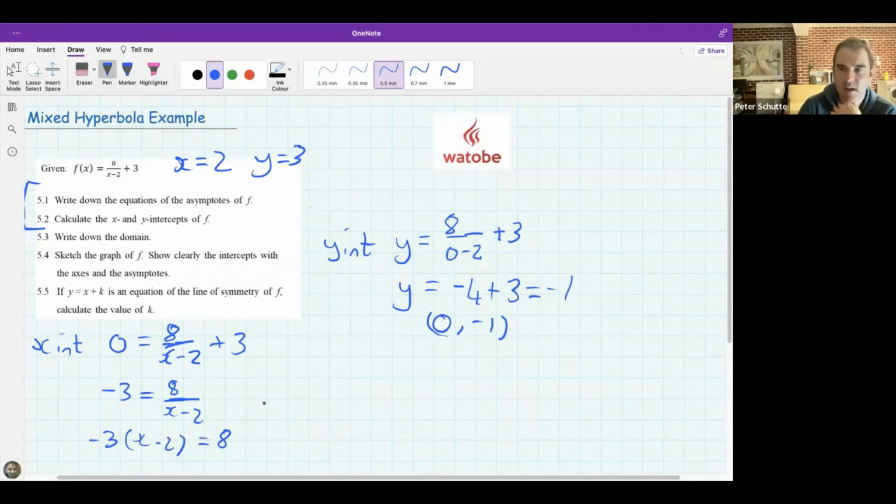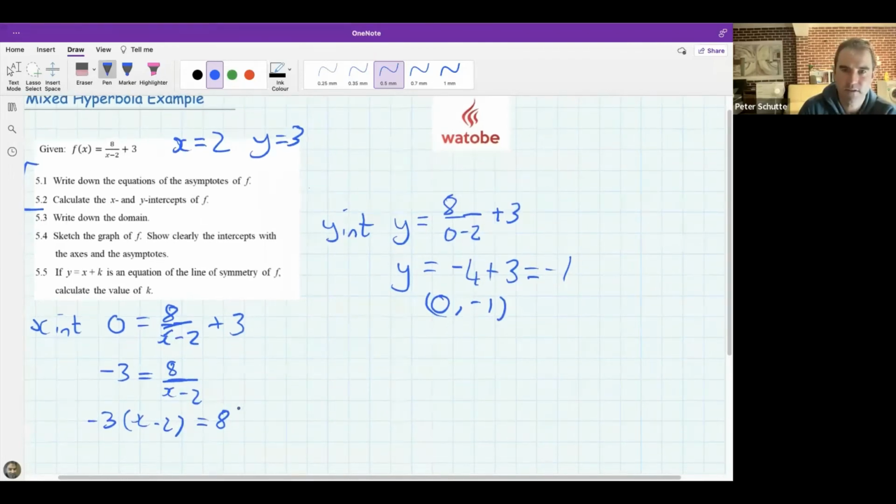Okay, see how I think I agree with you. What about the x-intercept? What do we get for that? Watch out for negative times a negative.